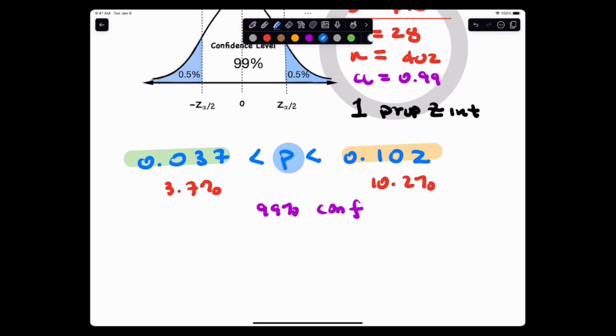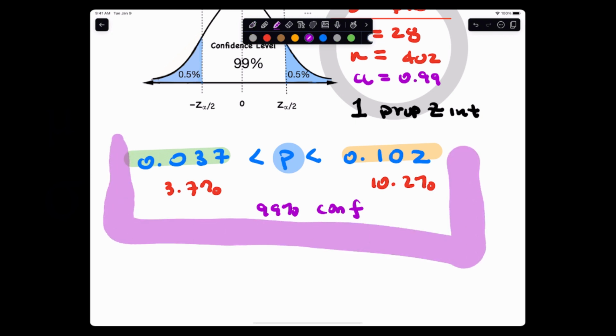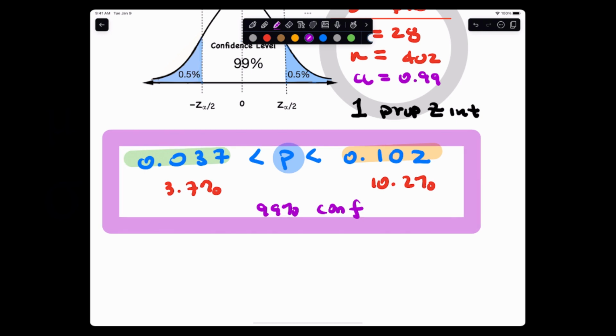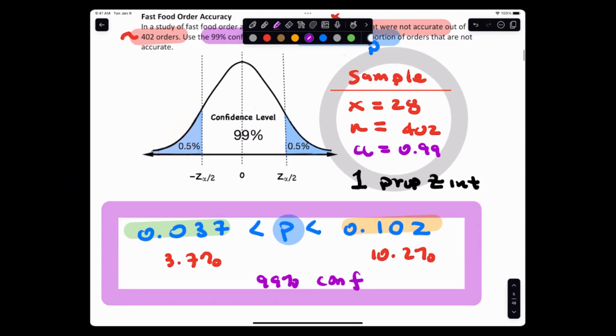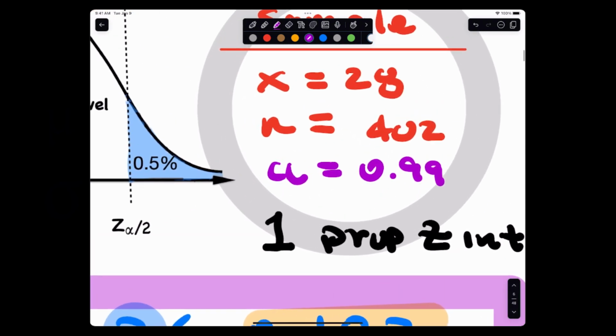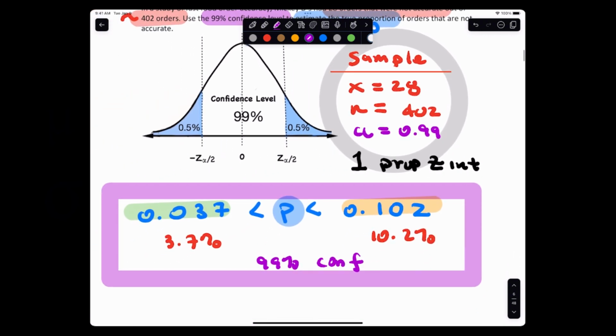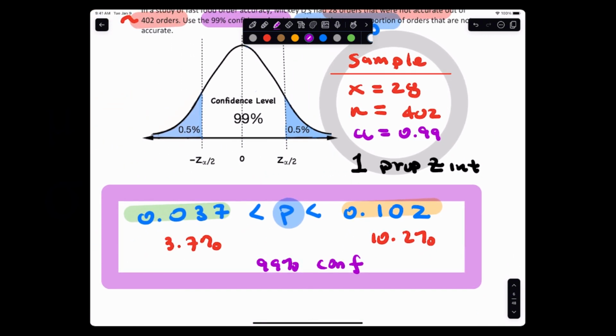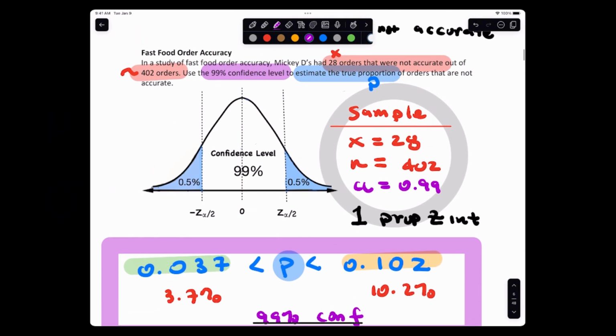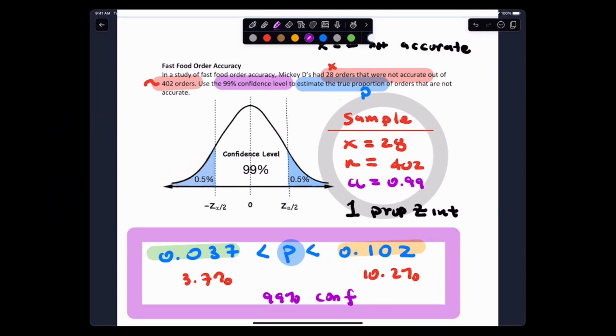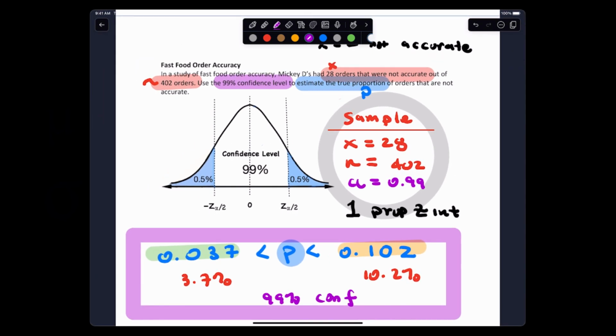Confidence being, if you conducted this sample an arbitrary large number of times, of sample size 402, 99% of the sample proportions will be between 3.7% and 10.2%. You have estimated the true proportion of non-accurate orders. And that's it. Easy peasy lemon squeezy.